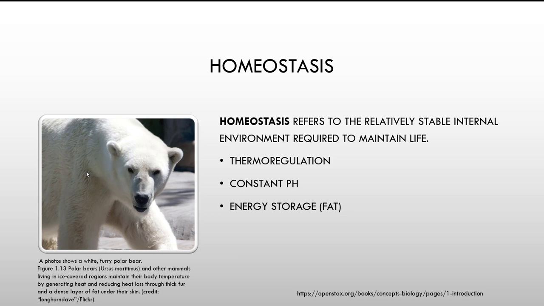Our body has a constant pH; our blood is slightly alkaline, a little bit on the basic side. If our blood starts to become a little more acidic, we have ways to bring the pH back up. So we maintain constant pH balance in our body.